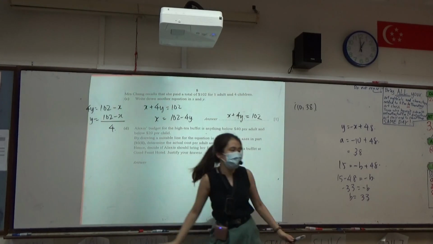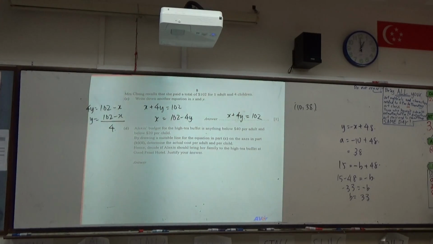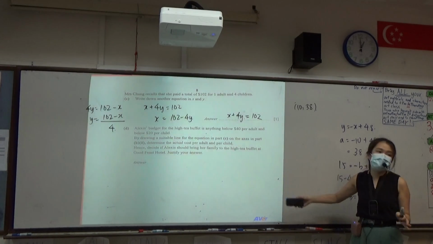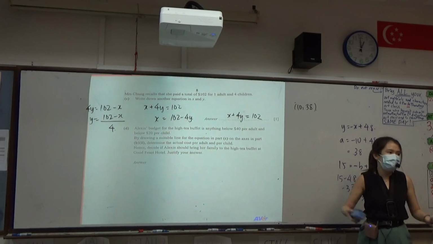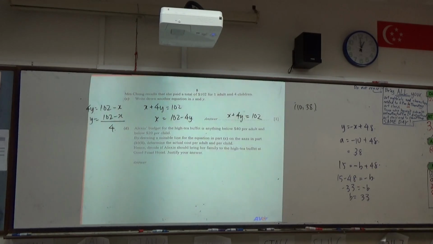I recognize that there are a number of you who are strong in solving simultaneous equations. You know that you must solve simultaneous, then you do substitution method and your elimination method, you solve, then you need to get your adult to be $30 and child to be $18.